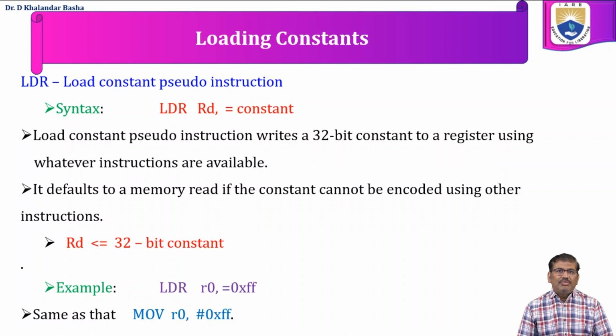It defaults to a memory read if the constant cannot be encoded using other instructions. So whatever the constant, which is of 32-bit size, will be loaded into Rd. For example, LDR R0, =0xFF. So this R0 register will be loaded with FF. It is the same as moving FF into the R0 register.